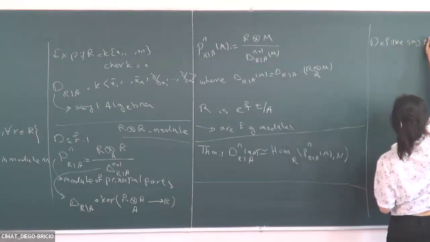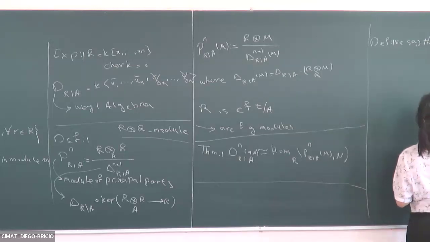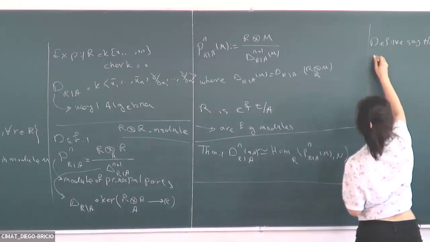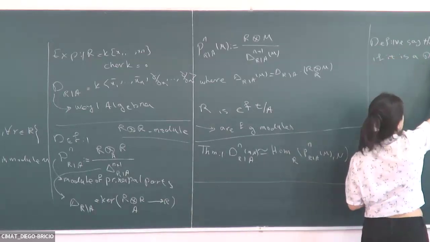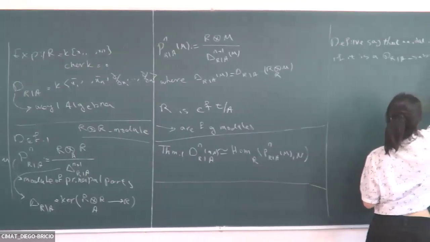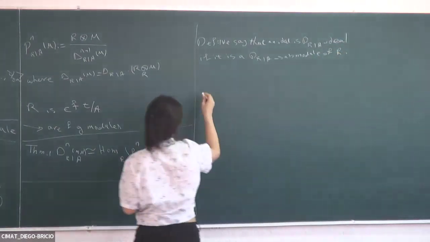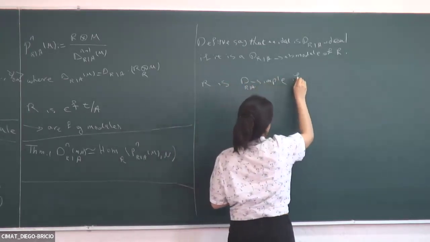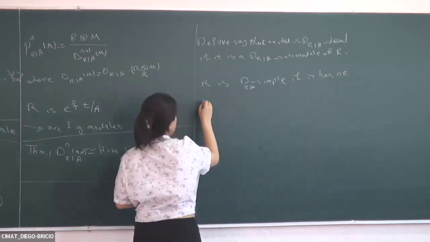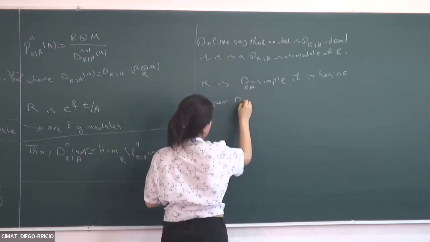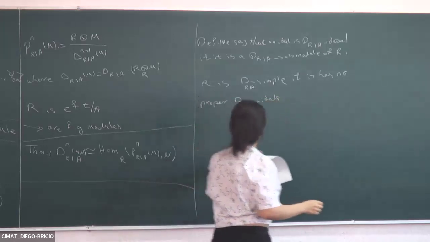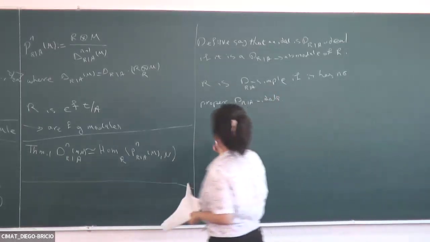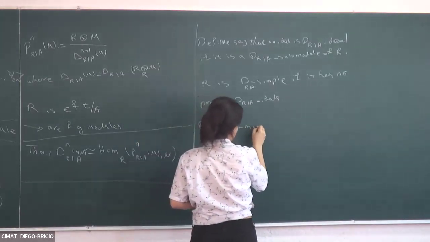We say that R is D_{R/A}-simple if it has no proper D_{R/A}-ideals. Sometimes we just say that R is D-simple. And we say that R is D-module simple.